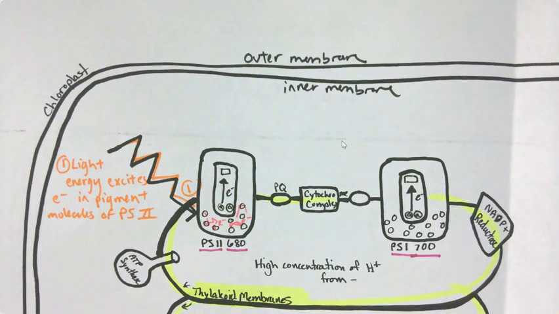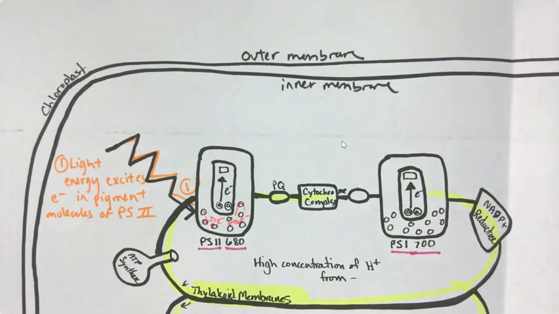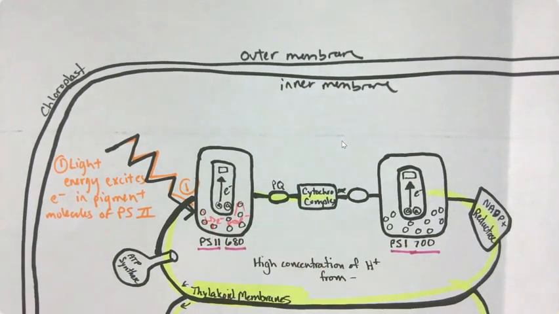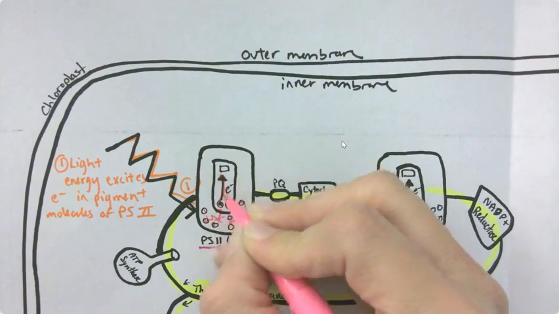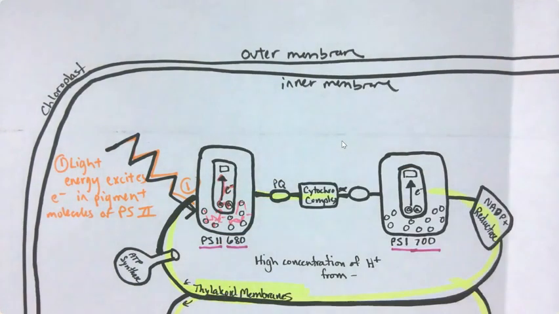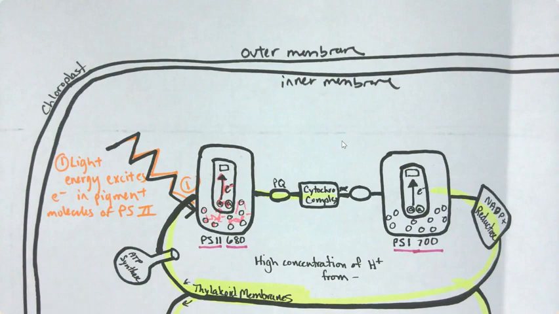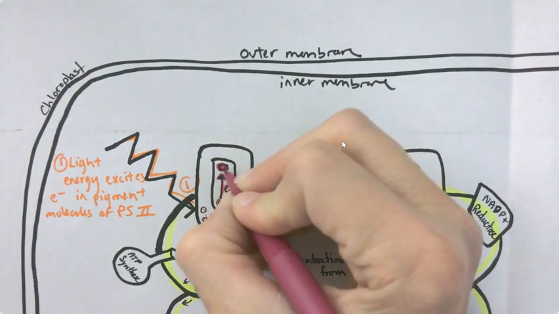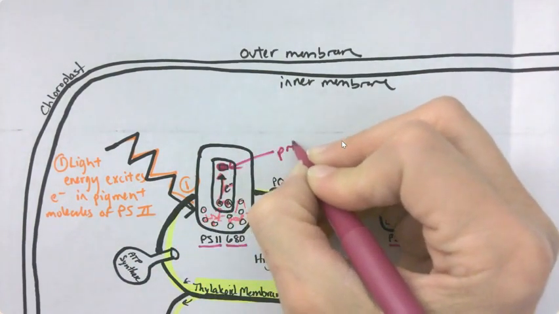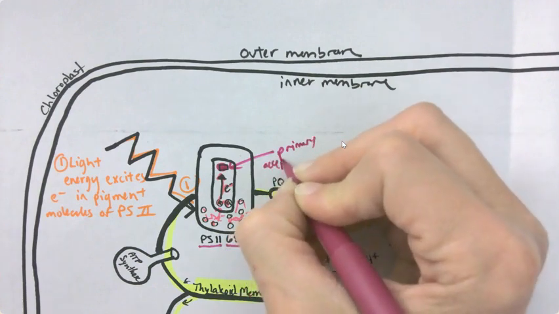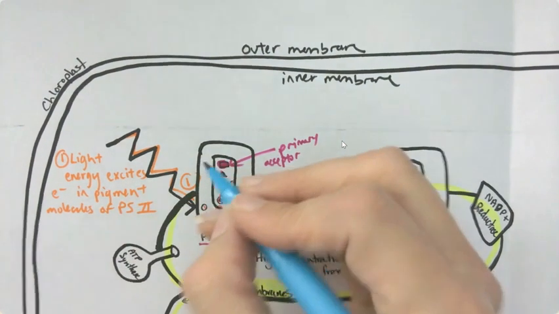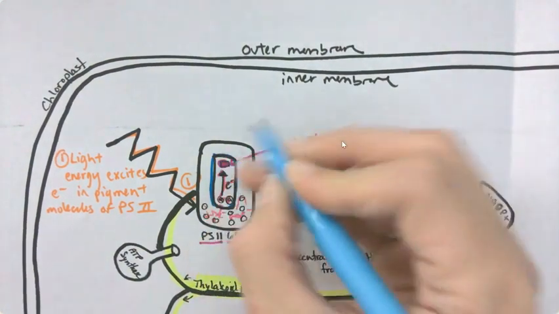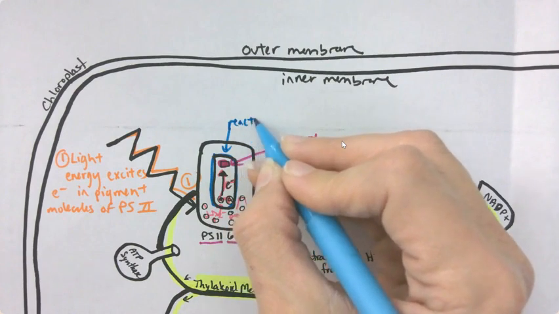Second, the excited electrons from these pigment molecules transfer their energy to this chlorophyll A dimer, like we know, and electrons pop off of the chlorophyll A dimer and are caught by the primary acceptor protein, which we know is in this area of the photosystem known as the reaction center.